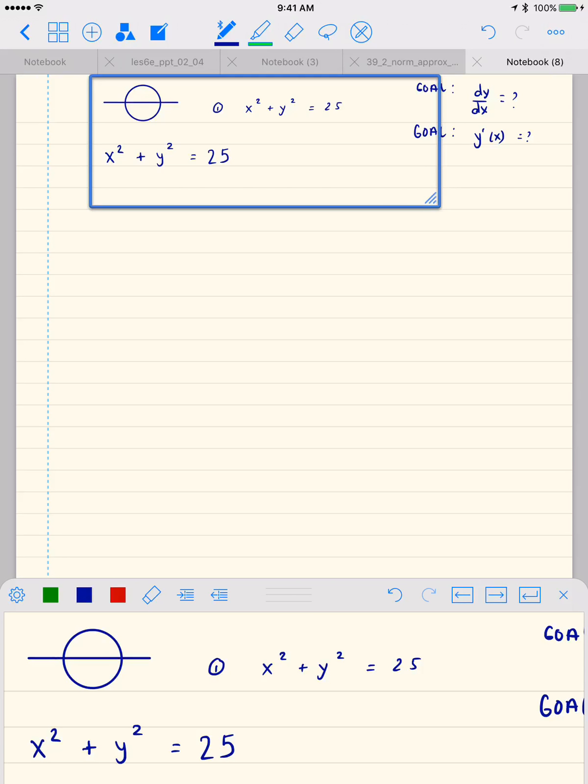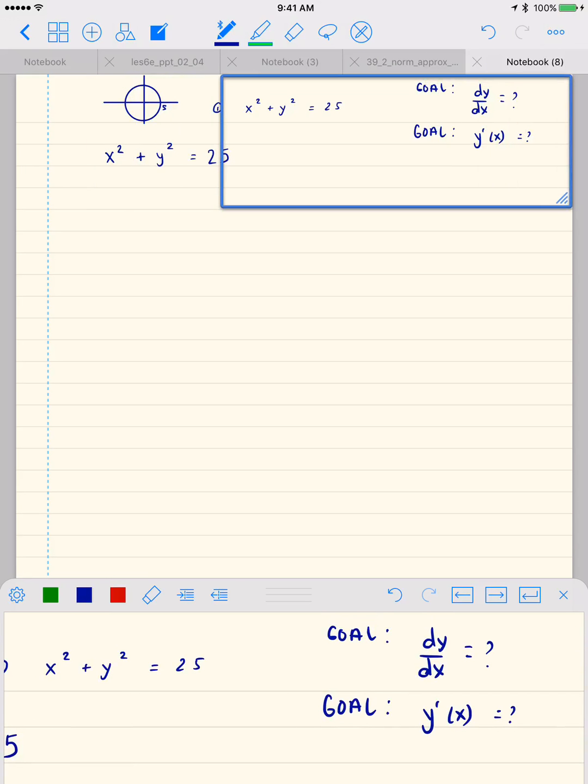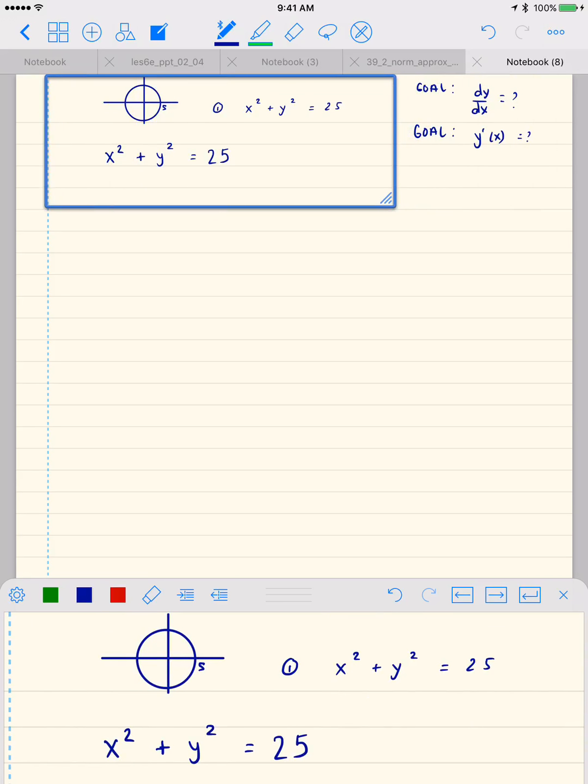Centered at the origin with radius 5. So essentially what we'll be doing is finding a formula or a function that gives us the slope to the curve at any point.